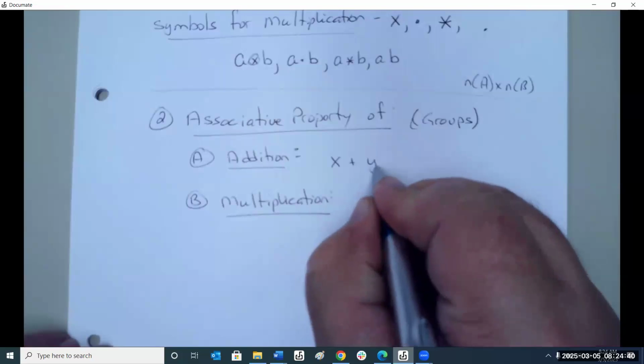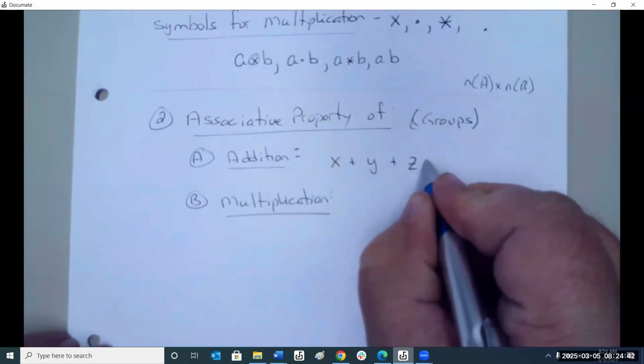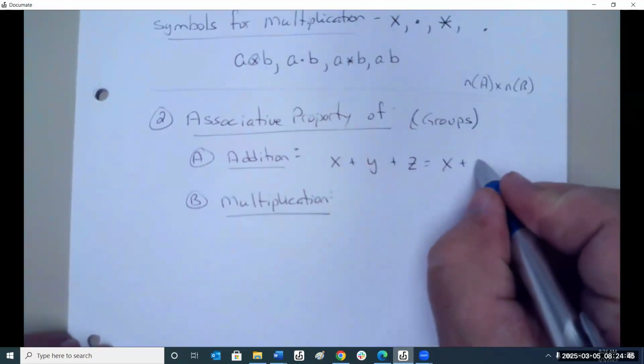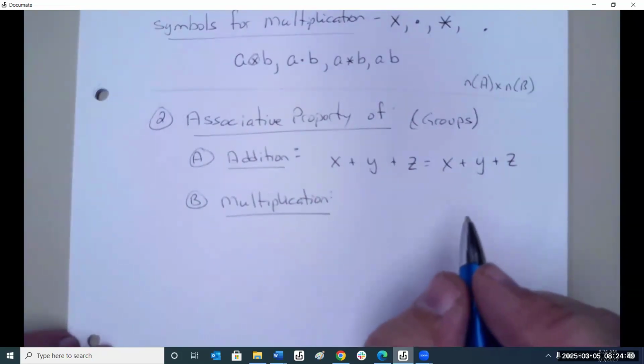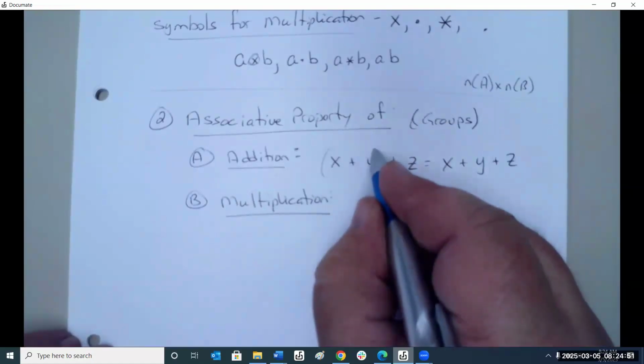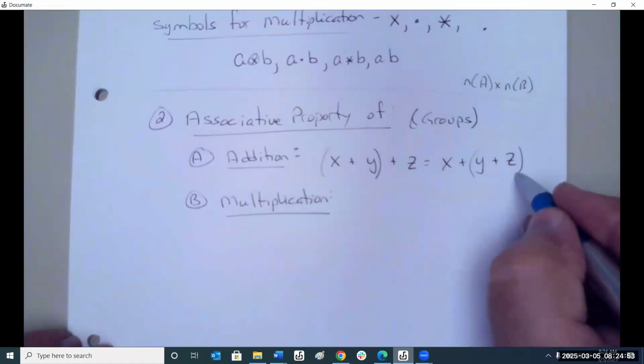X plus Y plus Z equals X plus Y plus Z. It's just that now we have to introduce the concept of the parenthesis.